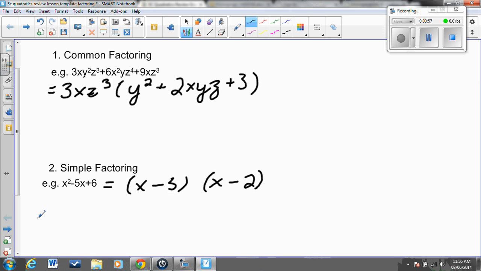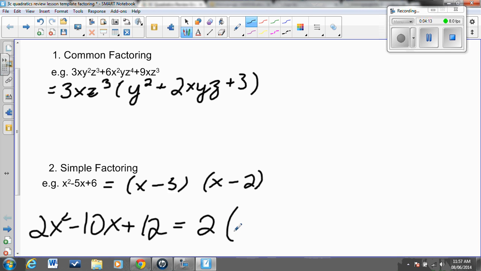We can also combine these 2 types of factoring together. So I could give a question like 2x squared minus 10x plus 12. And for that one, there's a common factor of 2 that I can pull out first. So I have to start by dividing each term by 2. And then I'm actually going to get the question from above. So x squared minus 5x plus 6 is left over. And then I can simple factor that.